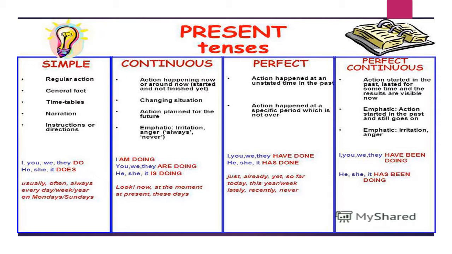Action happens at an unstated time in the past. I have lived in Amsterdam for 10 years. 10 years ago I started living in Amsterdam and I still live there, so that's how we use the perfect. And the perfect continuous is used to express irritation or anger most of the times.